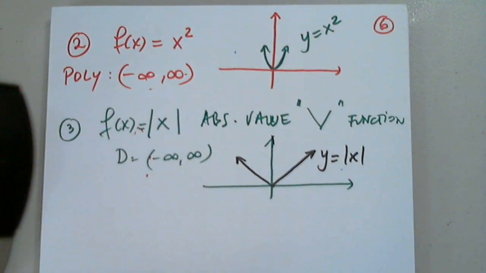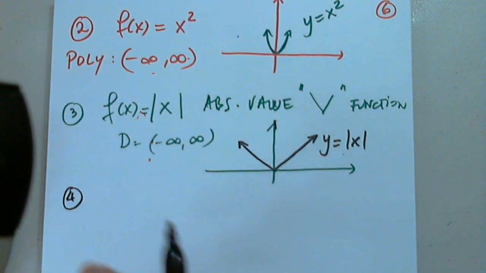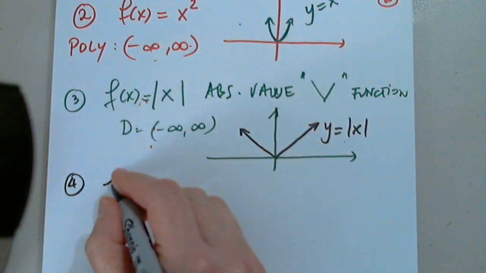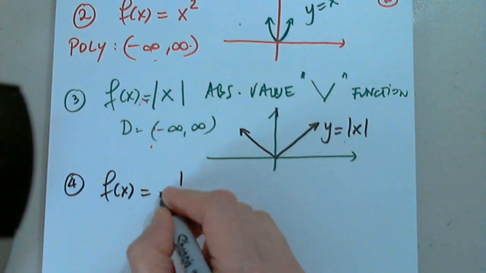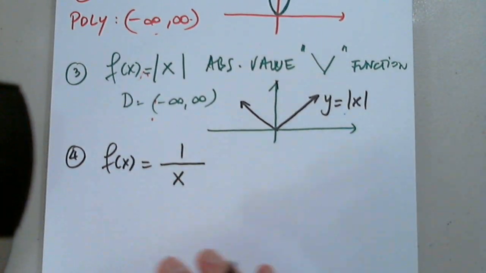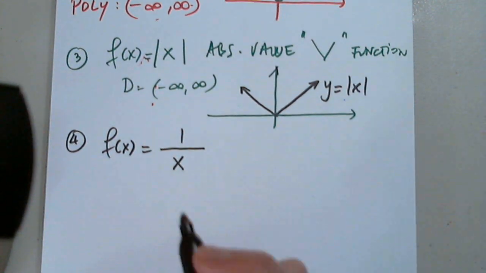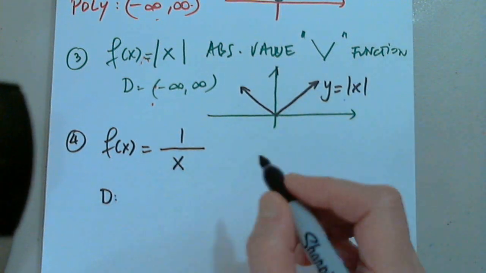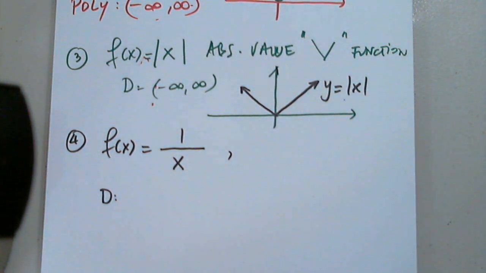Okay, so let's look at one more. This is a more complicated function, and we're going to work on it later on in this course. We're going to graph complicated ones, not this one. Can anyone give us the domain of this function? We analyzed the domain last week.